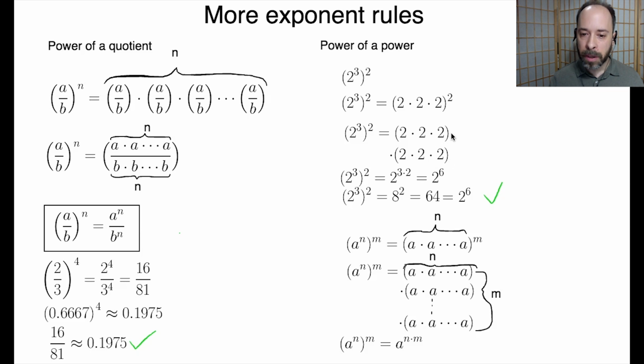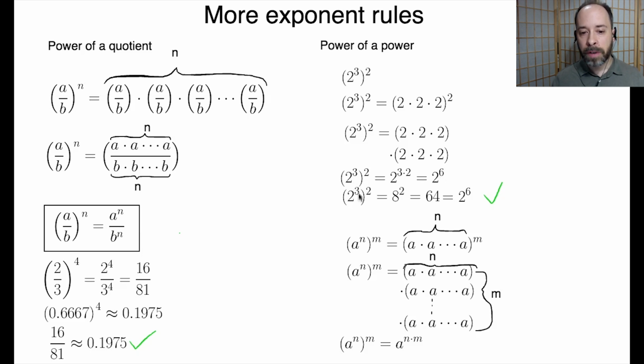And the reason I'm going to do that is because it makes it easier for us to figure out how many total 2's there are in the expression. How many are there? There's 3 2's across the top. There's 2 rows. That's giving us a total of 6 2's. 3 times 2, 6. 3 columns, 2 rows, 6 2's.